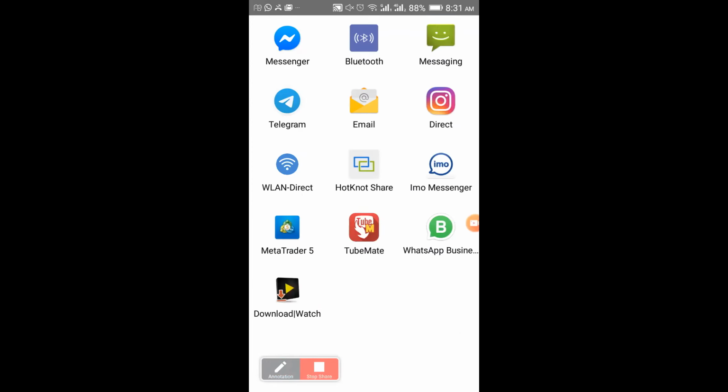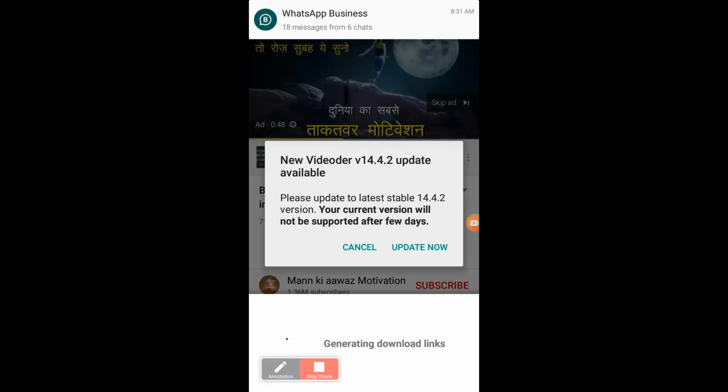Now, because I have video downloader on my phone, I just click download video downloader. Adverts will be there. You skip those adverts. So it's now generating a download link for me on video downloader. They are telling me to update. I'm not updating now.